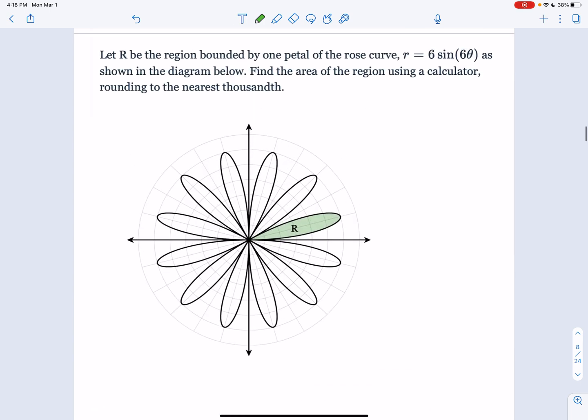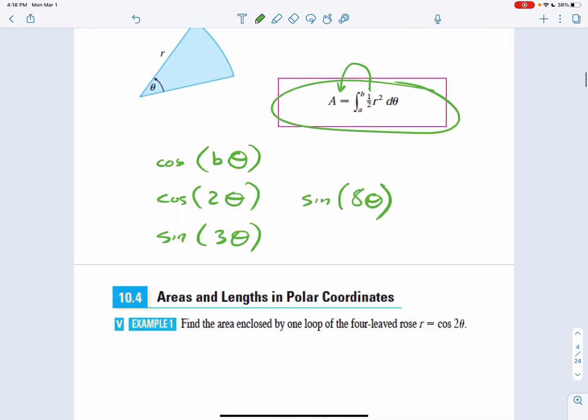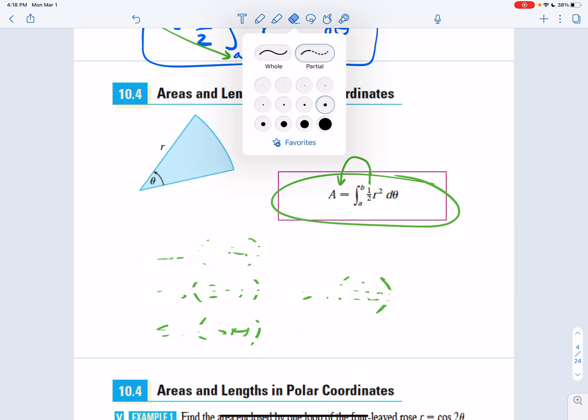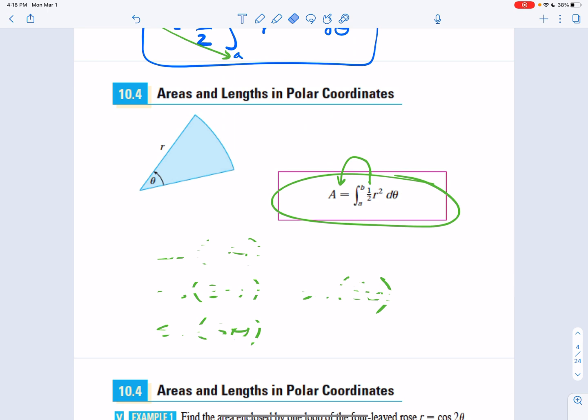Here we go. So here's the rule that's going to get you out of this situation fast, okay? This is to help you determine what your bounds are, okay?